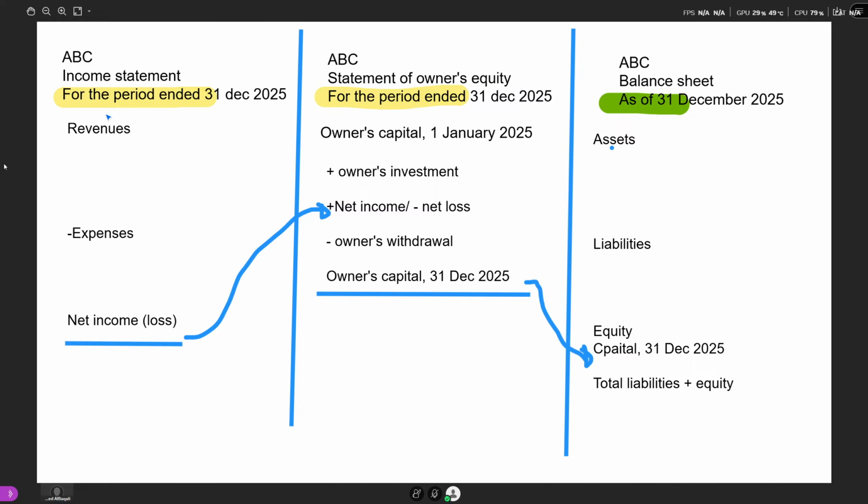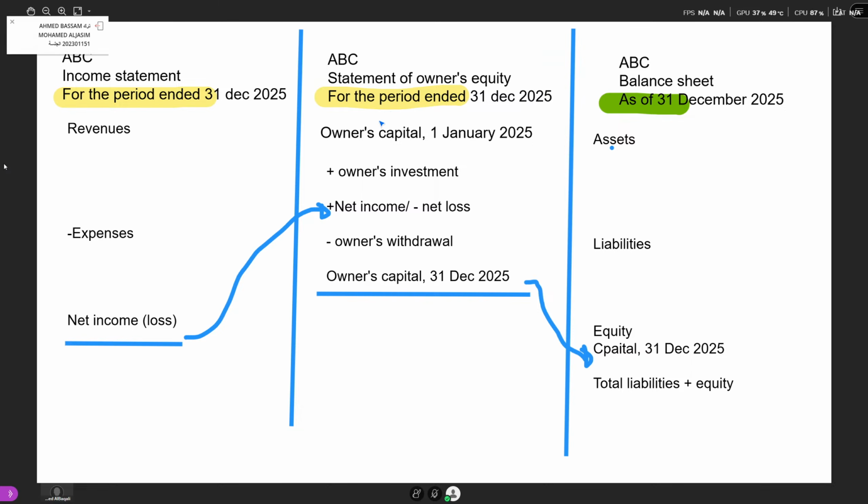But these are only my sales for year 2025, not year 2024. Everything that I have here in sales, I made or generated in year 2025. All of my expenses here are incurred or used in year 2025, not any other period. And because of that, this is my net income that I made at what time? In year 2025. Okay? Clear, this one?